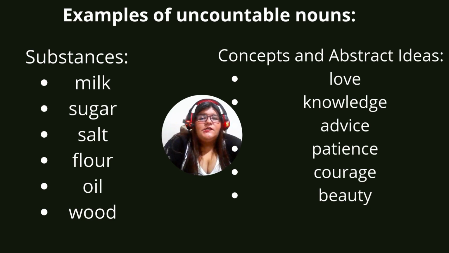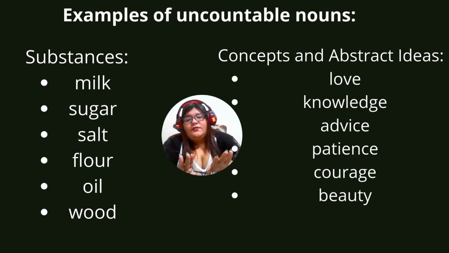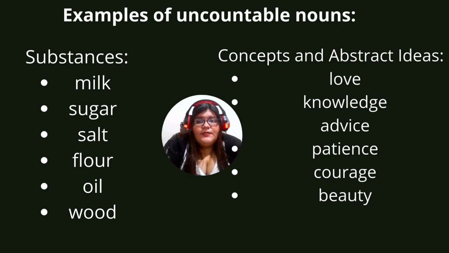These are examples of uncountable nouns. The things that we cannot touch. Well, we could touch them, but we can't count. It's impossible because there are millions or many of them, right? For example, milk, sugar, salt.